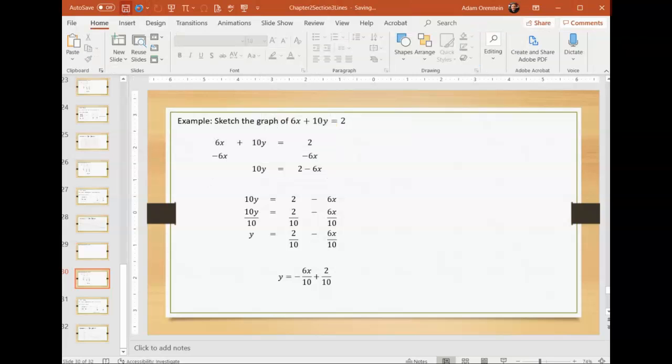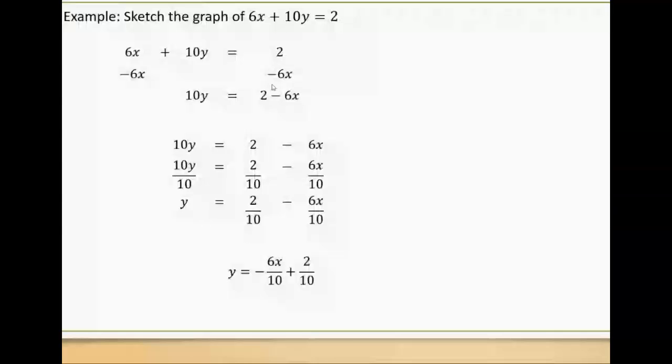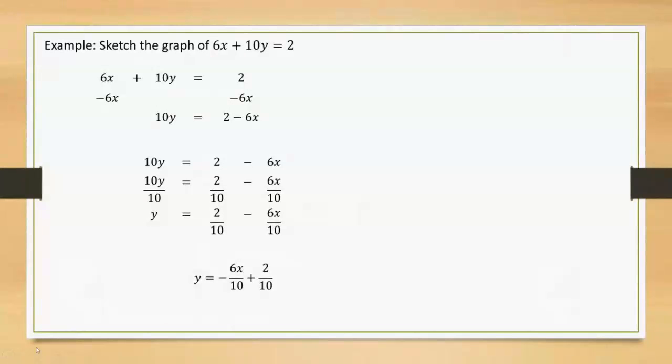As you can see, what I'm doing here is trying to get y in terms of x. So I'm subtracting 6x from both sides, and then we're left with 10y on the left side, and on the right side we have 2 minus 6x.